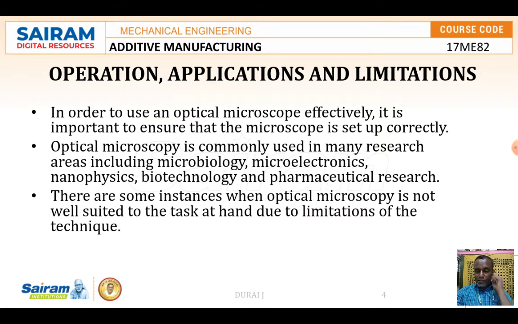Even the components we could not see with normal eyesight, we can check with the help of the microscope. Even nanoparticles, whose sizes we could not find with normal eyes, we can measure with the help of microscopic devices.